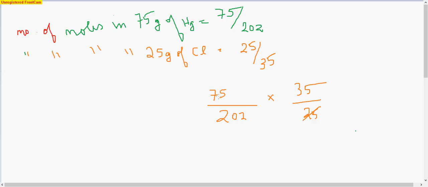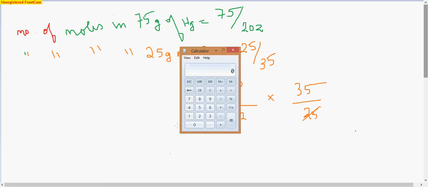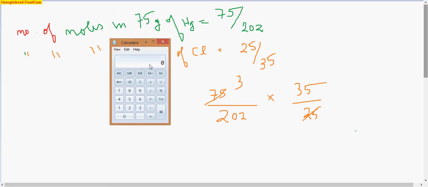This is a simple one, 3. After this I need the calculator. Therefore 3 into 35 divided by 202.